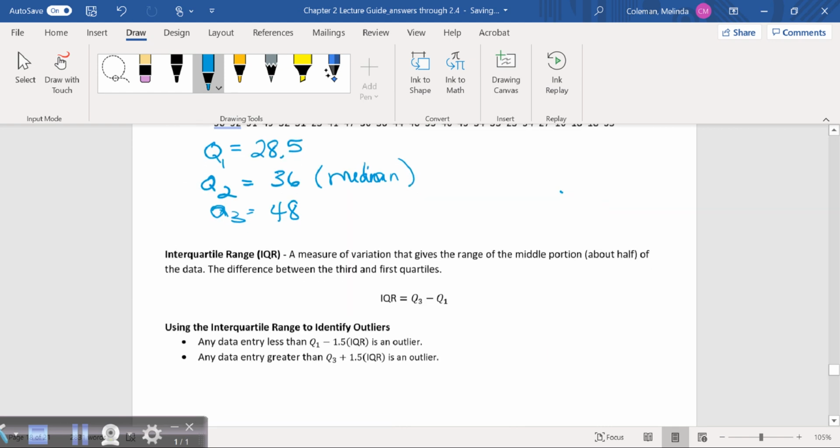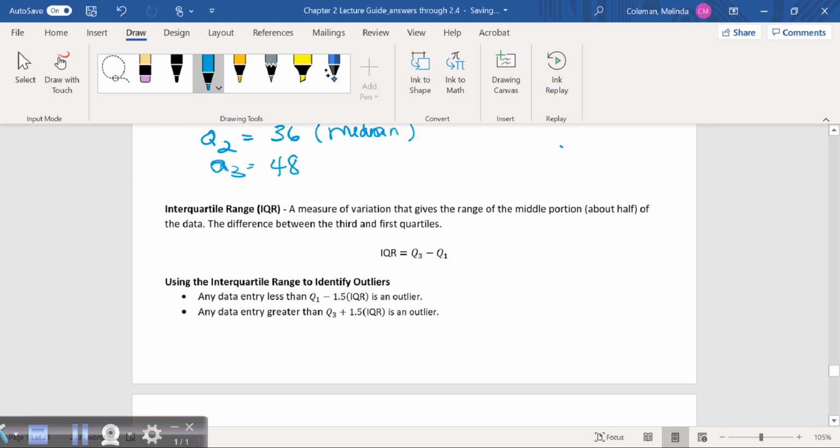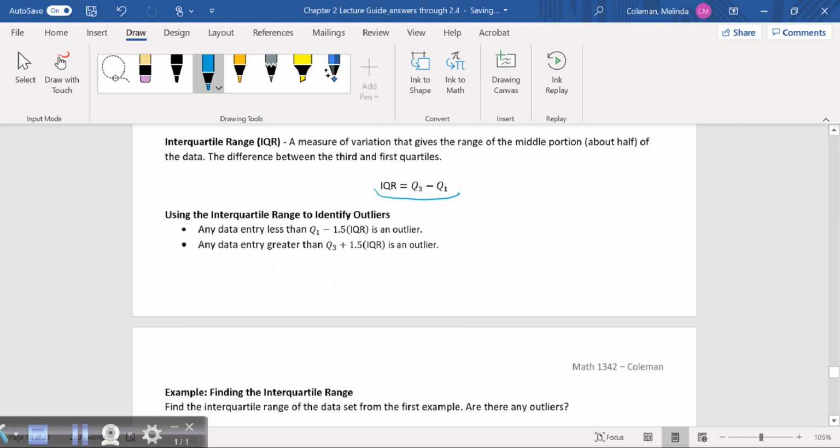All right. Interquartile range, then. That's a measure of variation that gives the range of the middle portion, about half of the data. So basically this gives us the middle half of the data. We find this by taking Q3 and subtracting Q1. We also can use interquartile range, then, to identify outliers.